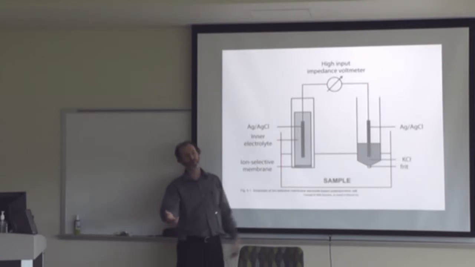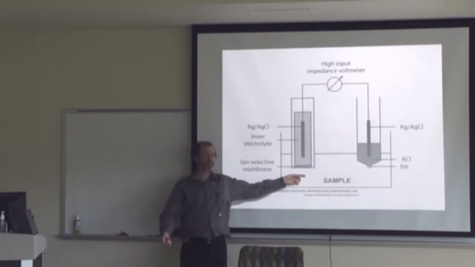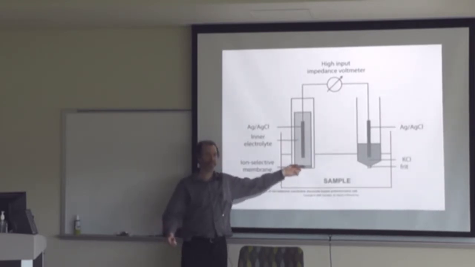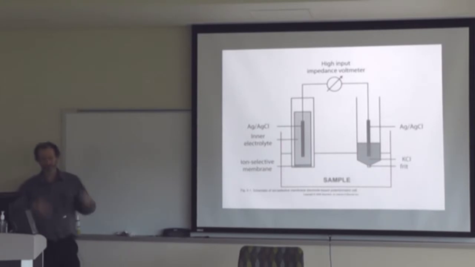It's also important to remember that with these potentiometric methods, we're not actually taking ions out of the sample and into the electrode. It's just measuring how they interact at the membrane. Does that make sense? People always get that confused.